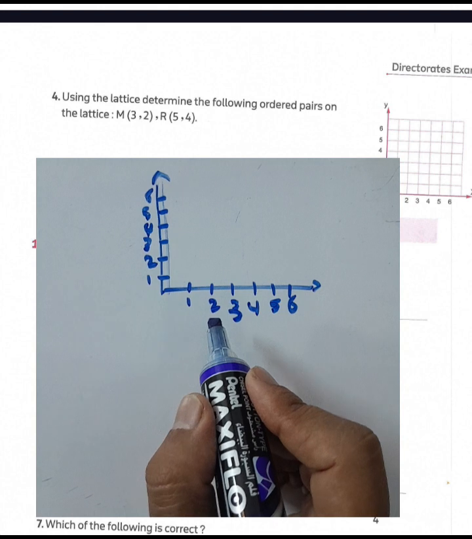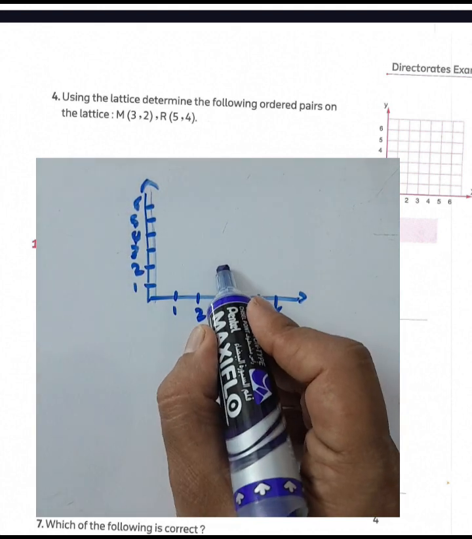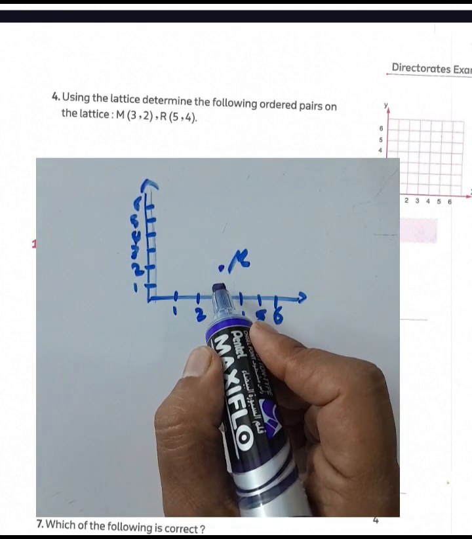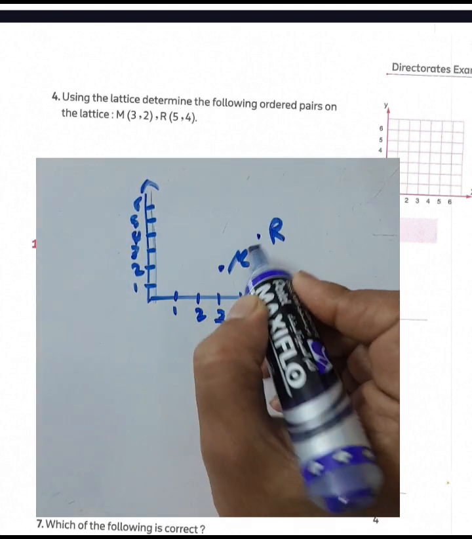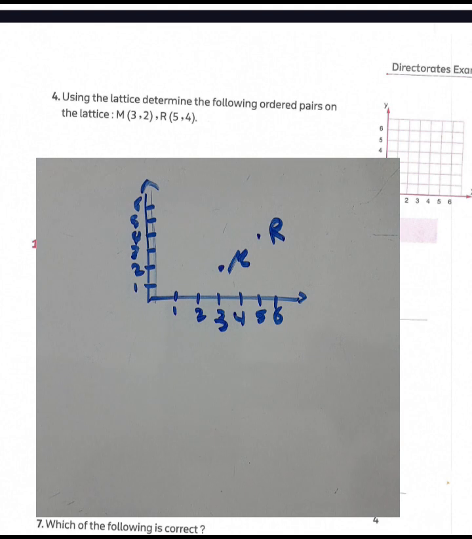First point M is 3 and 2, going from 3 to point M, and the point R is 5 and 4. It's R. Okay, we have point M and R.